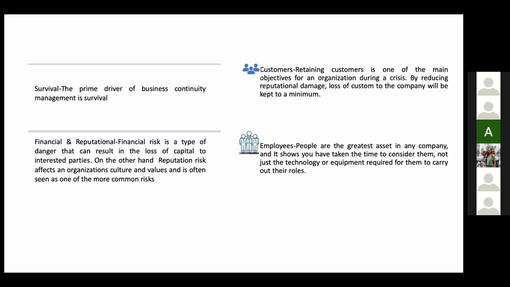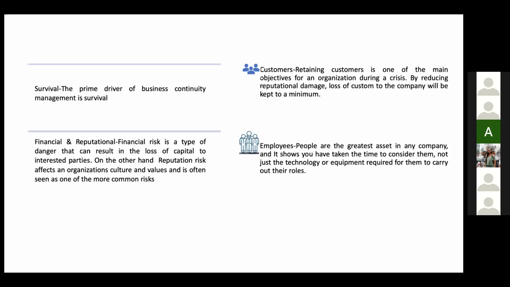The second one is financial and reputational. Financial risk is a type of danger that can result in the loss of capital to interested parties. On the other hand, reputation risk affects an organization's culture and values and is often seen as one of the more common risks. The third one is customer. Retaining customers is one of the main objectives for an organization during a crisis.